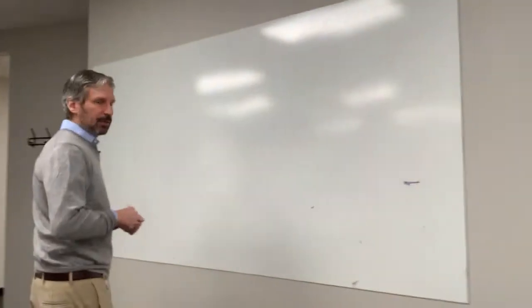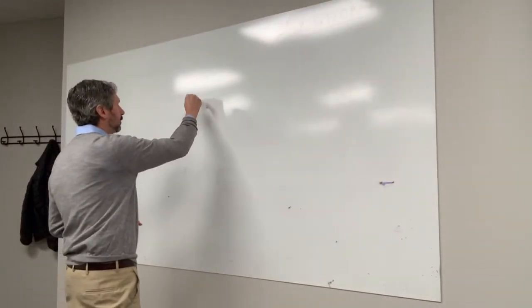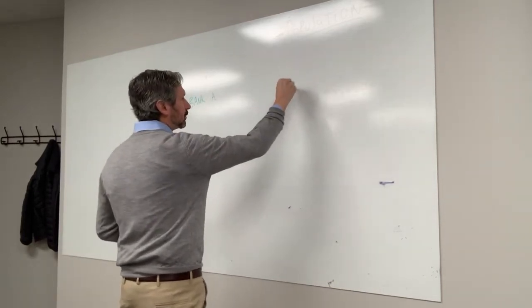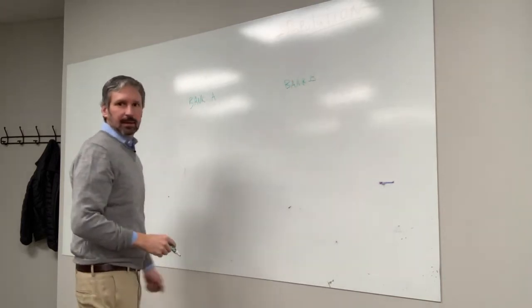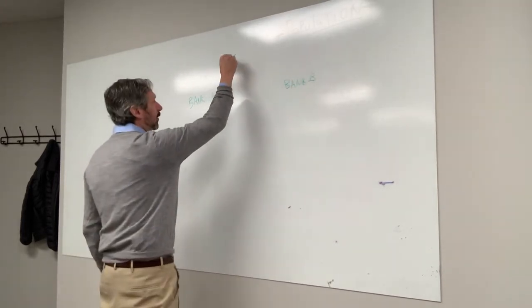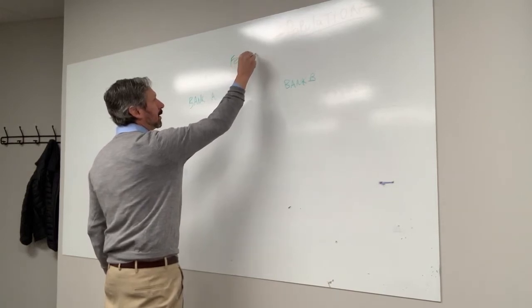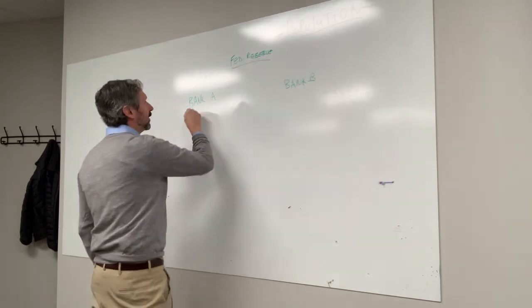So what we're going to do is we're going to have two different banks. Okay, Bank A and Bank B. And in our example here, we're going to put our Federal Reserve at the top, okay? So we have the Fed and then two different banks.